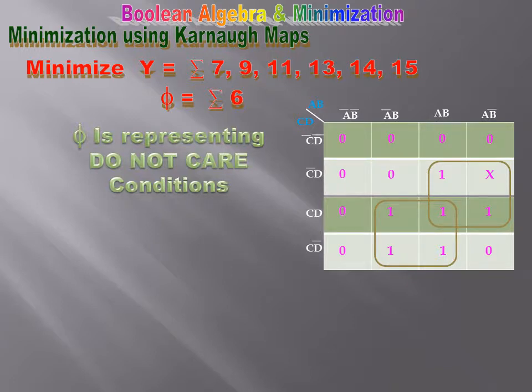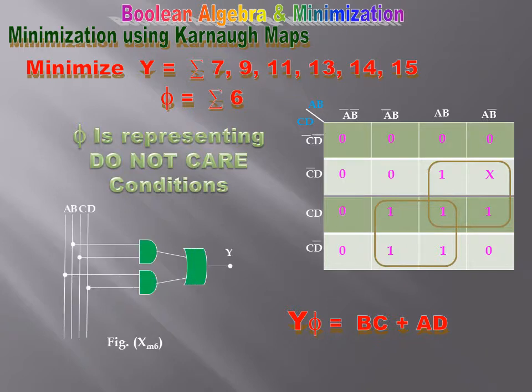Only one don't care at 6 has reduced it further. So how has it reduced it further? You see that now instead of 3 chords we finished this in only 2 chords. The 2 chords have the value BC and AD. So the simple solution is BC or AD. So this is the implementation, a very simple implementation.